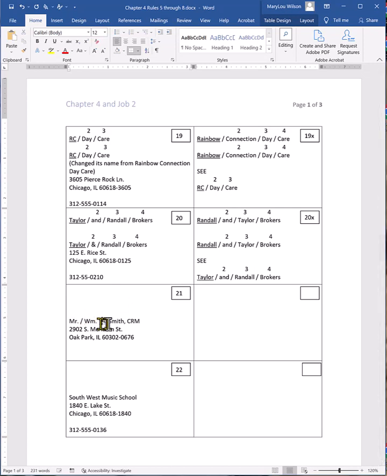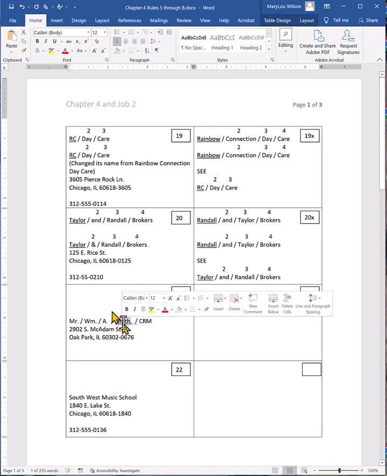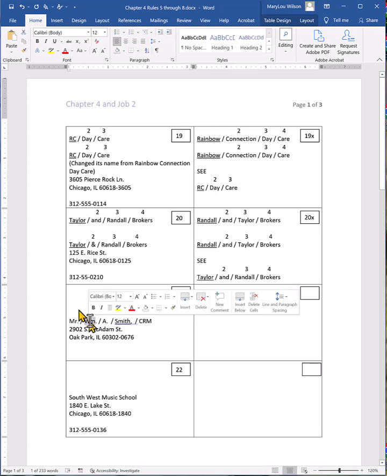It's a personal name, so I'm going to add slashes in between each of the units, but then for a personal name, the last name or the surname is my key unit, so I'm going to underline Smith. Then, to put them in correct coded order, William becomes unit 2.